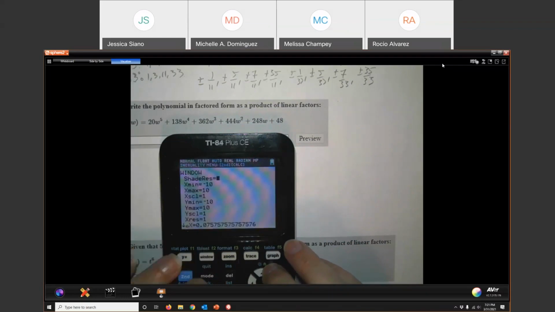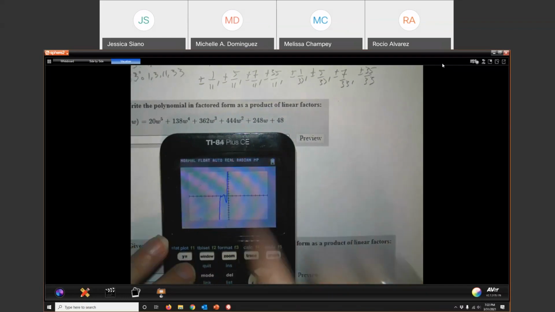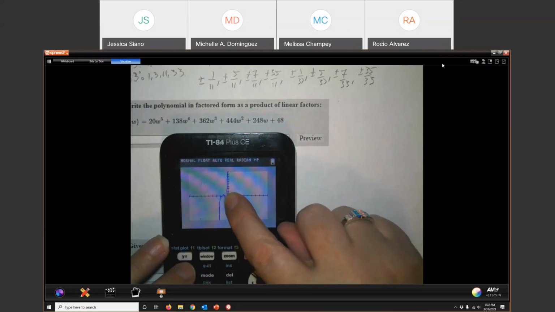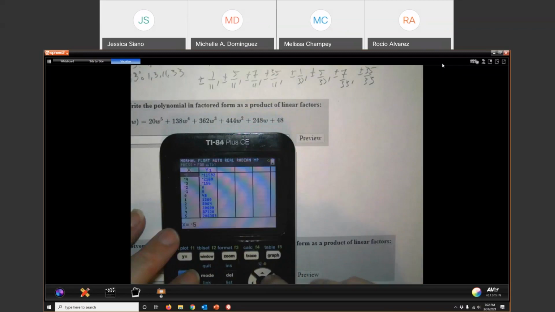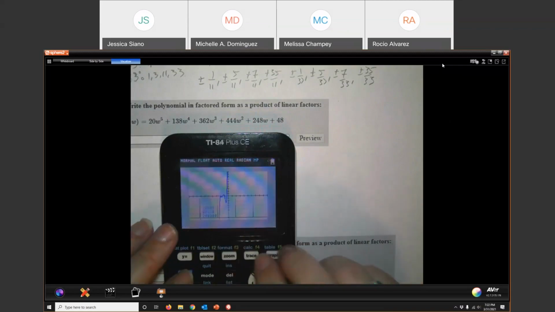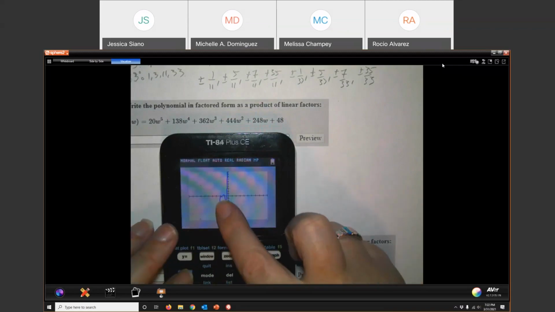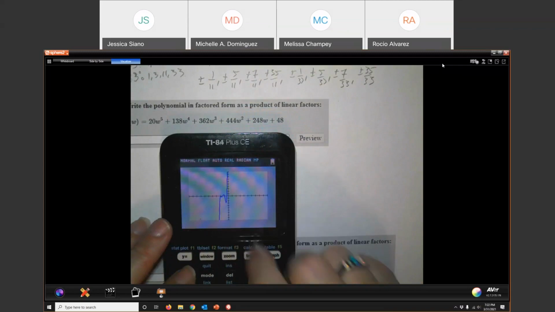All right, so it looks like we have a 0 at -2 and a 0 at -1. I can confirm that on the table. Yep, 0 at -2, 0 at -1. But I want to zoom in on the behavior here, because if you remember back, I guess before spring break, we talked about the behavior and its effect on a factor.